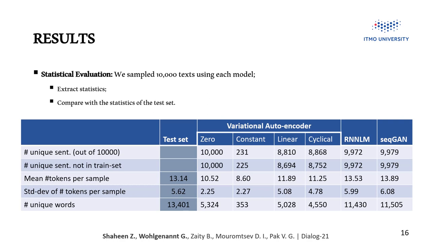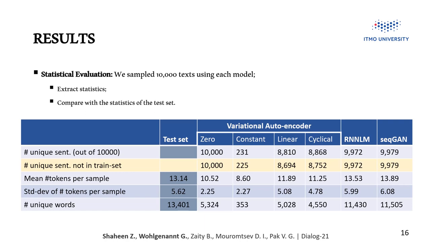In terms of uniqueness, except for the constant schedule, all the models generate diverse samples. However, the constant model generates only 231 unique samples. The zero schedule of variational autoencoder, RNN language model, and sequence GAN generate samples that don't overlap with the training set.